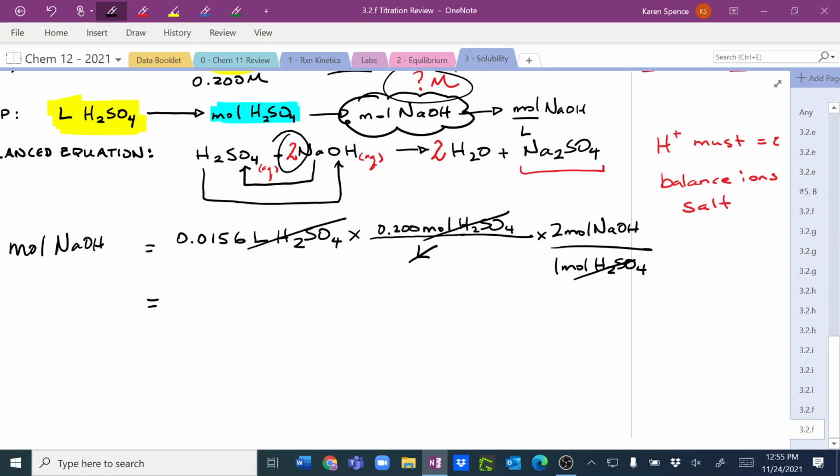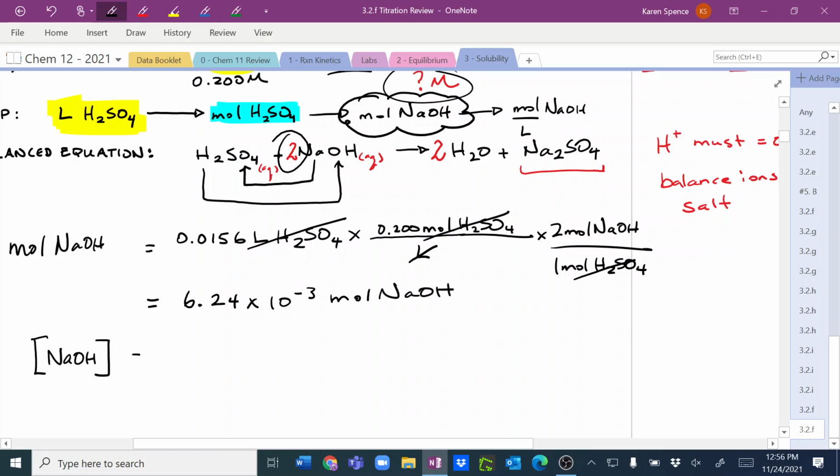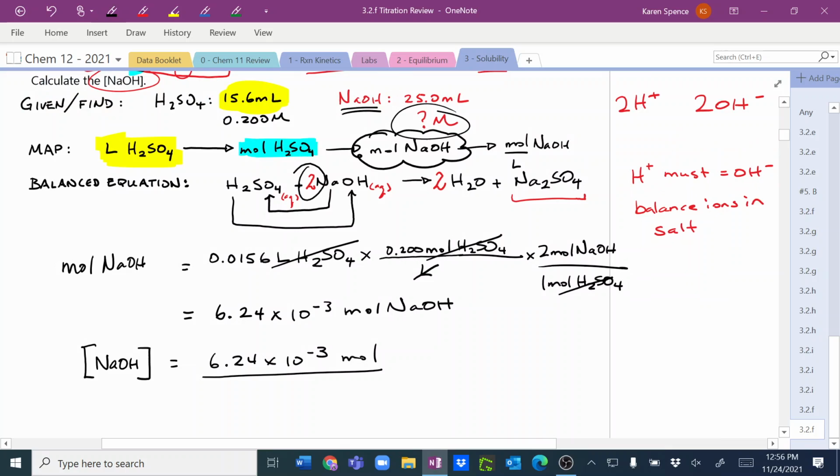And now we can find our concentration of NaOH by taking our moles, 6.24 times 10 to the minus 3 moles, and dividing it by the volume of NaOH. We can go back to where we organized our information and look: oh, I know the volume of the NaOH.